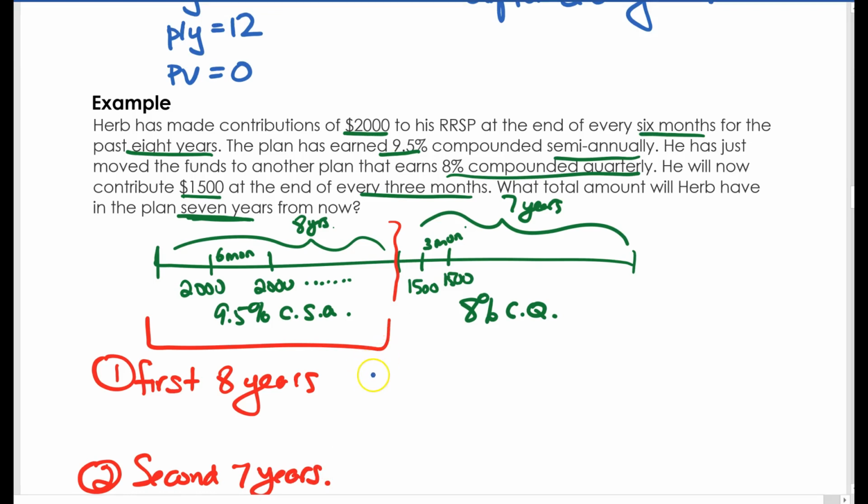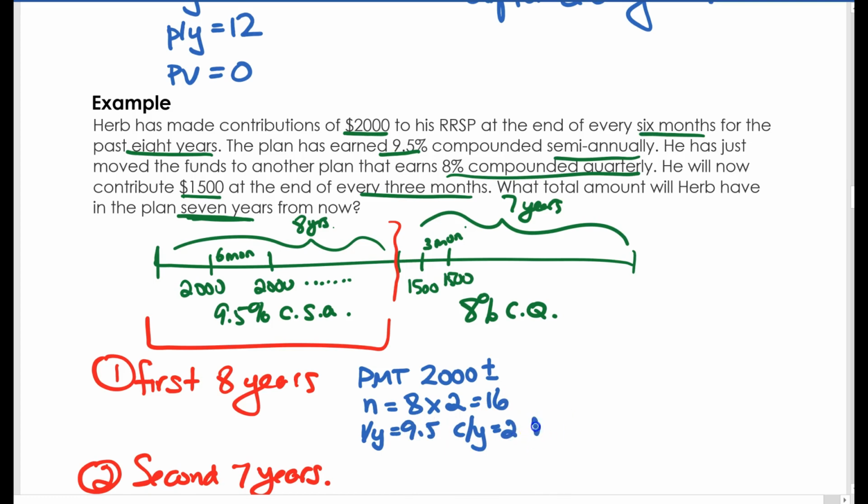So the first 8 years, we have payments of $2,000. N is 8 years times every 6 months, so that's 2 times 8, or 16. Interest per year is 9.5%. Compounding per year is 2. Payments per year is also 2. Present value in this case is 0.